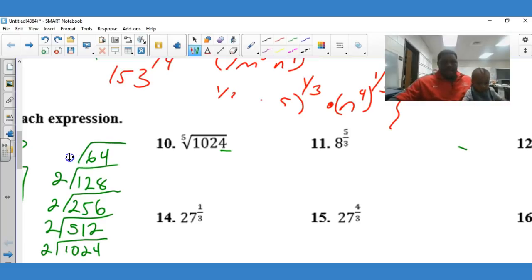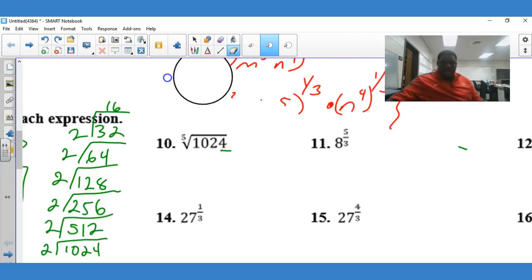If I divide that by 2, I get 32. Sorry, I put 22. So we take 32 and divide that by 2. That's 16. Hold on, let me write that so y'all can see it. And then we take that and divide by 2.